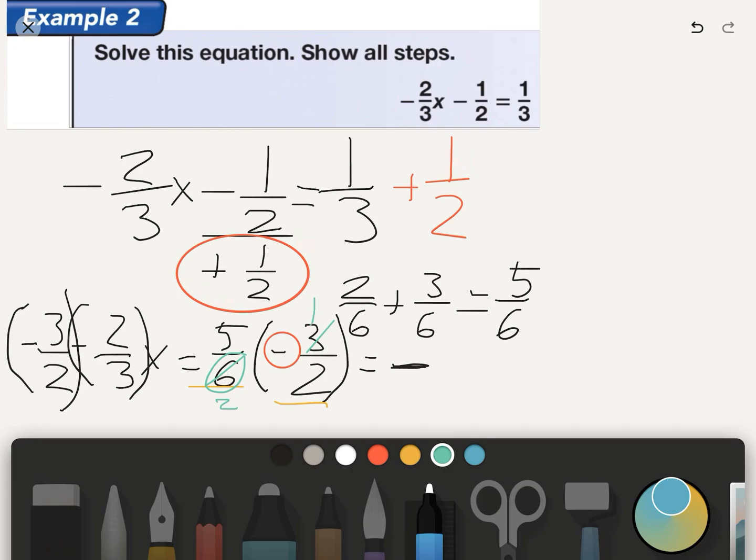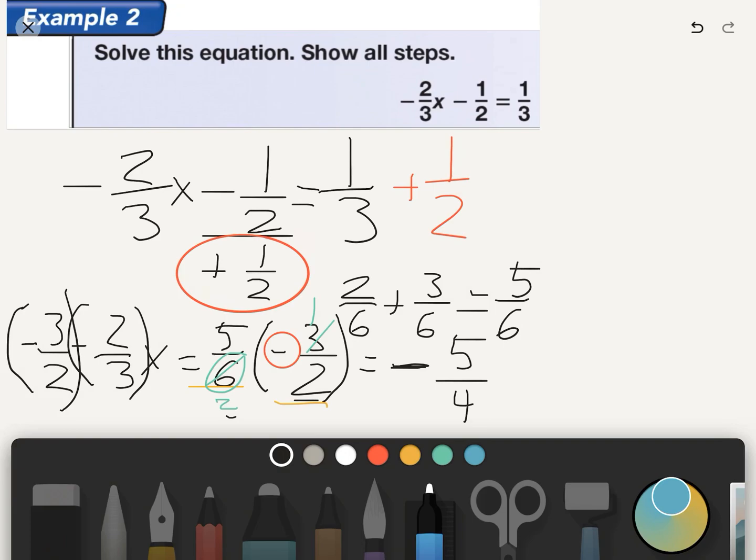So that will get us negative 5 times 1 is 5. 2 times 2 is 4, getting us a negative ratio of 5/4, negative 5/4.